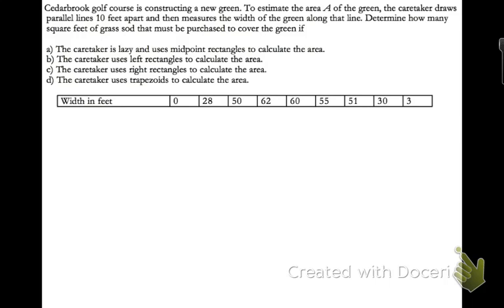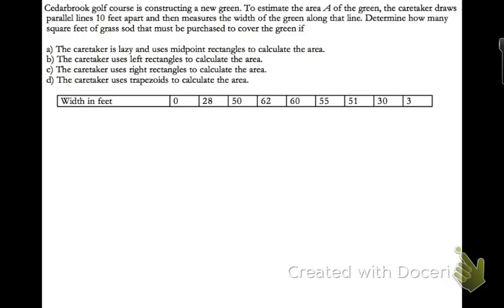So, if the guy's being lazy and is using midpoints to calculate the area, well, the thing to notice if he's doing that is that the reason he's being lazy is because there's just less rectangles.